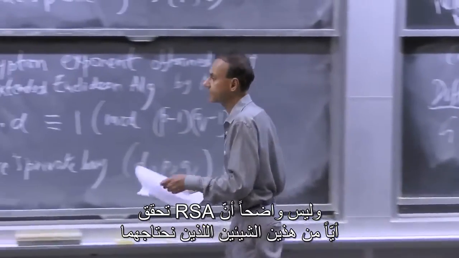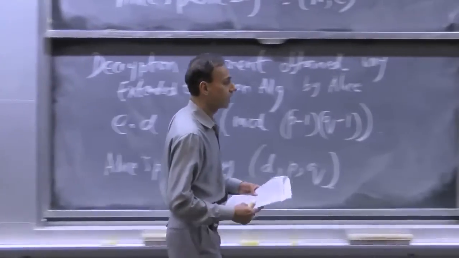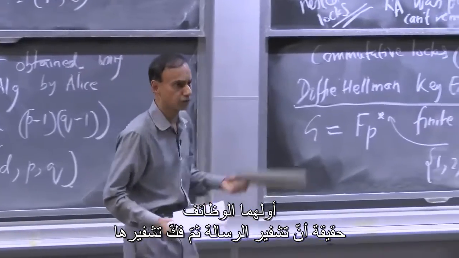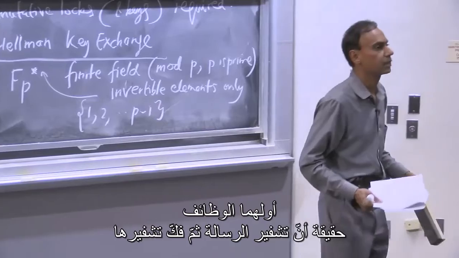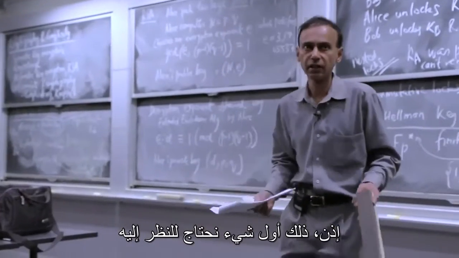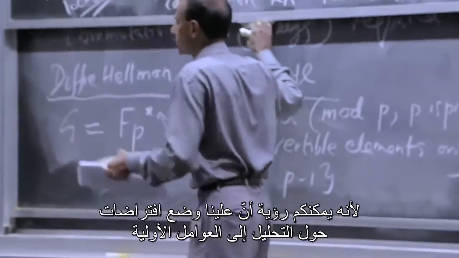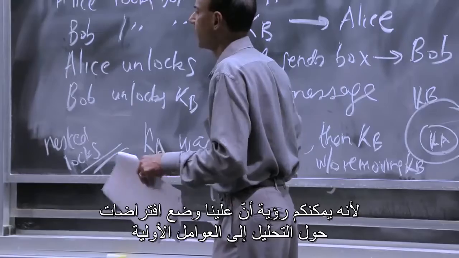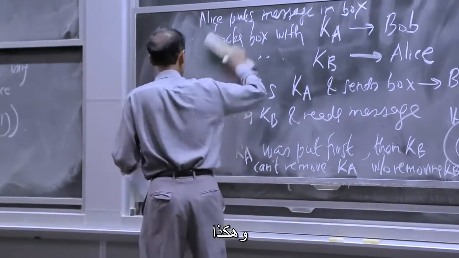And it's not at all clear that RSA accomplishes either of the two things that we need, the first of which is functionality, the fact that encrypting and then decrypting a message should get you back that message. So that's the first thing we need to look at. And the security part is actually a little bit easier, because you can see we're going to have to make assumptions about factoring primes and so on and so forth.